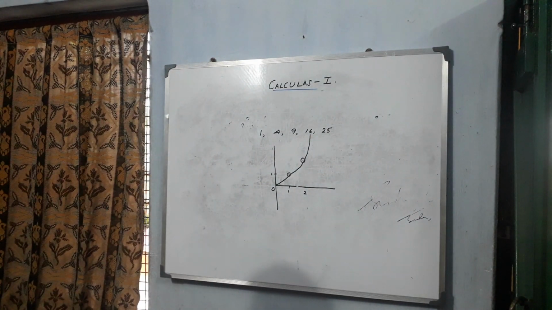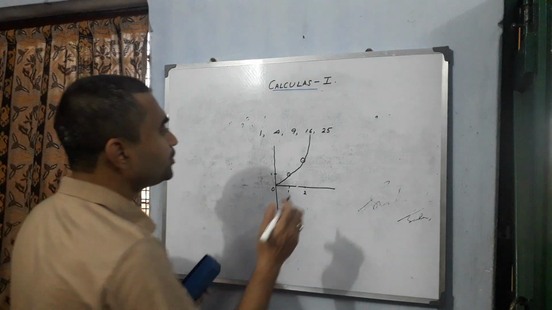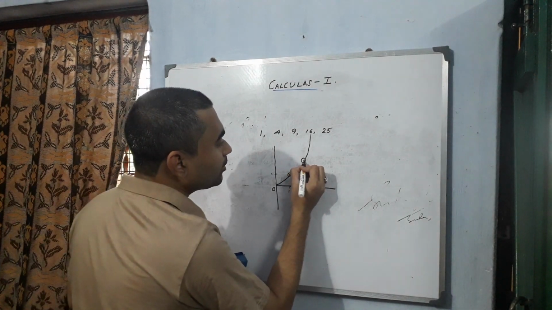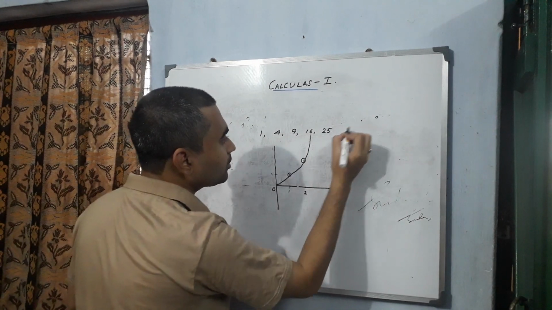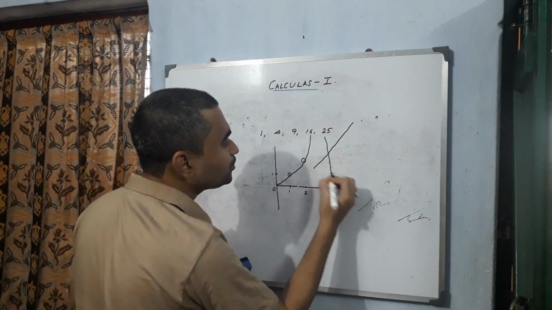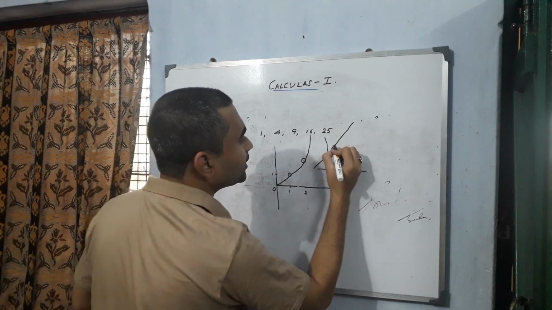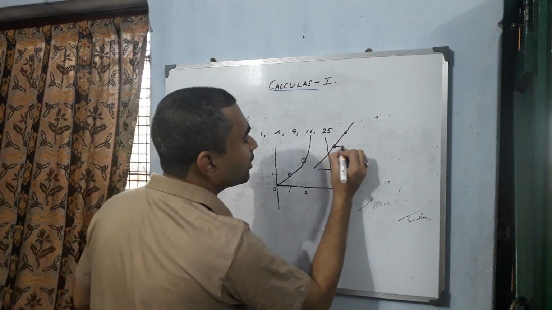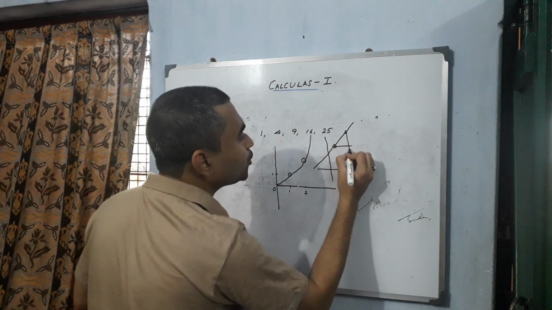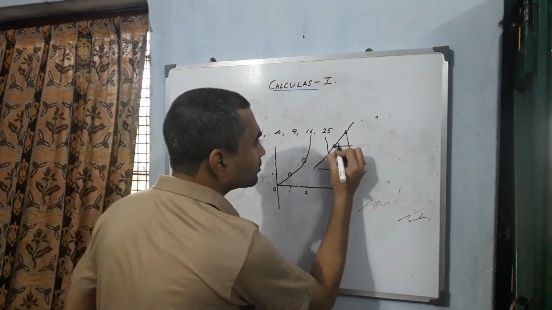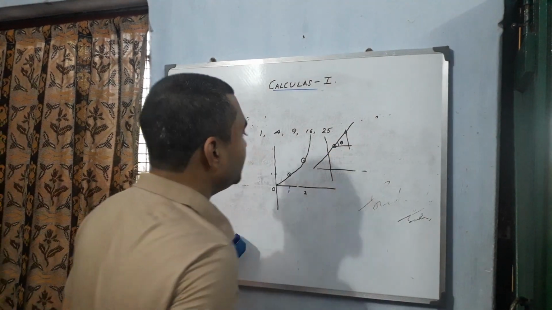Now the problem here is that if we take 2 points on a line, the gradient or slope does not change.